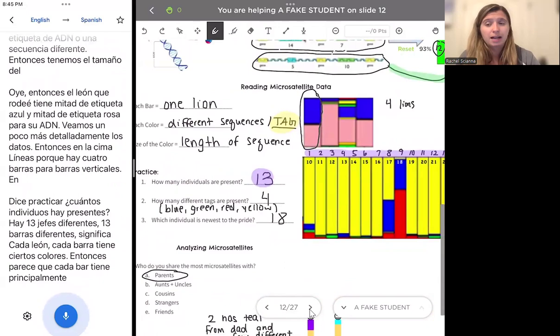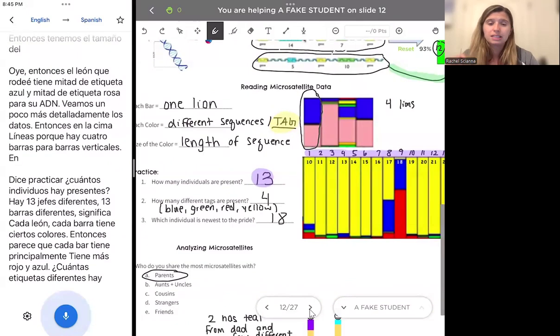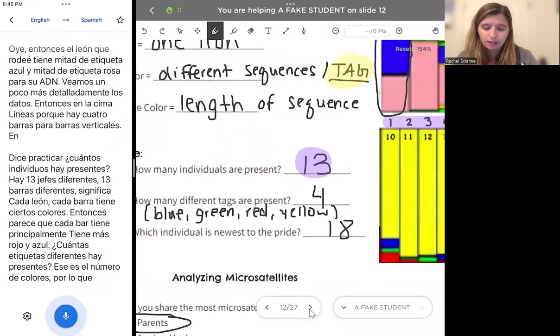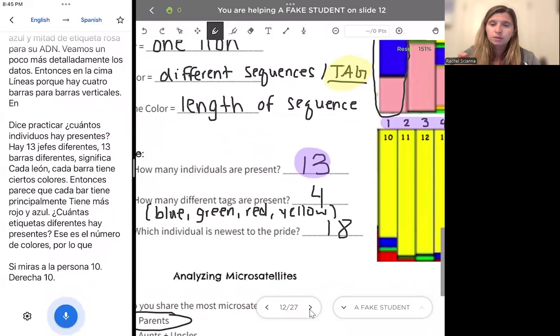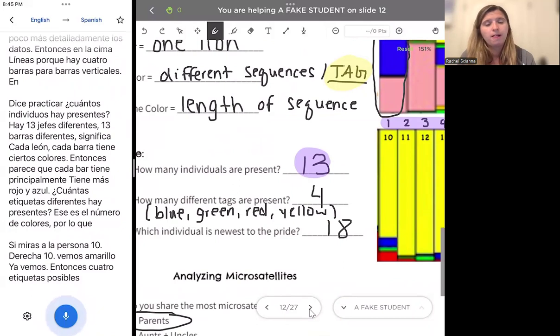How many different tags are present? That is the number of colors. So we see 4 different colors. If we look at person 10, we see yellow, we see blue, we see green, and we see red. So 4 different possible tags or types of DNA are shown.